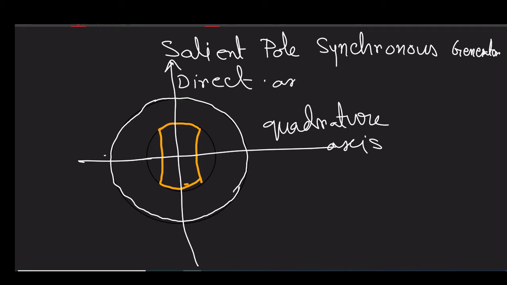Now you will see that you are having the stator coils evenly placed, but the stator coils in the vicinity of the direct axis, whatever MMF they are producing in this region, this MMF is facing a shorter air gap.